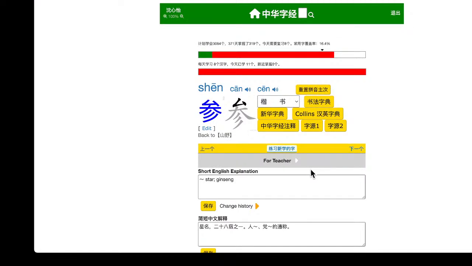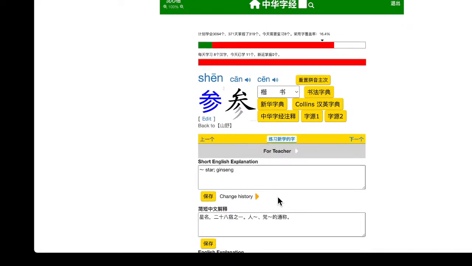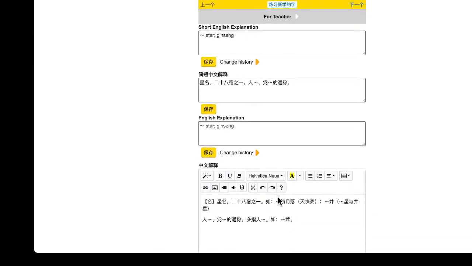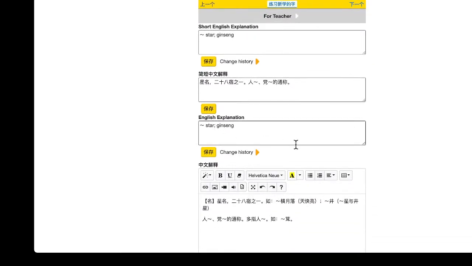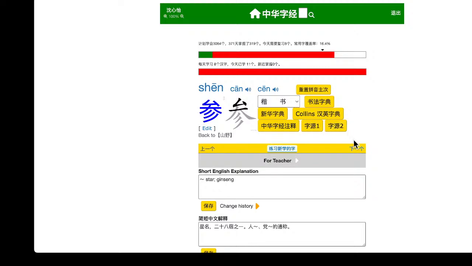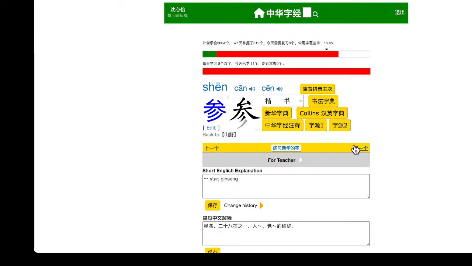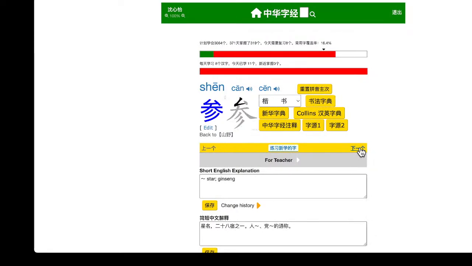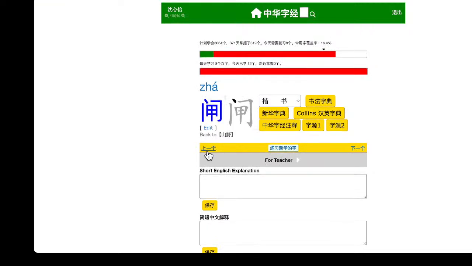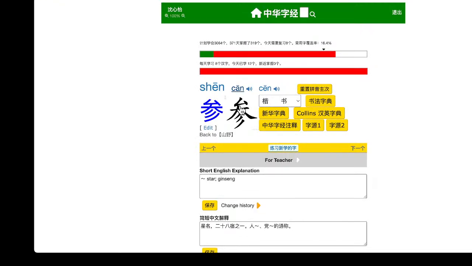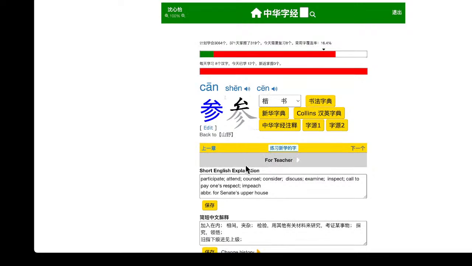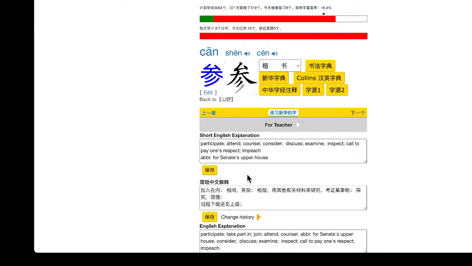Next, 参. Now 参 means 参宿, the stars. And this character has three pronunciations. When you say 参, it means participate, attend, consider this kind of thing. 参加 means join, participate.